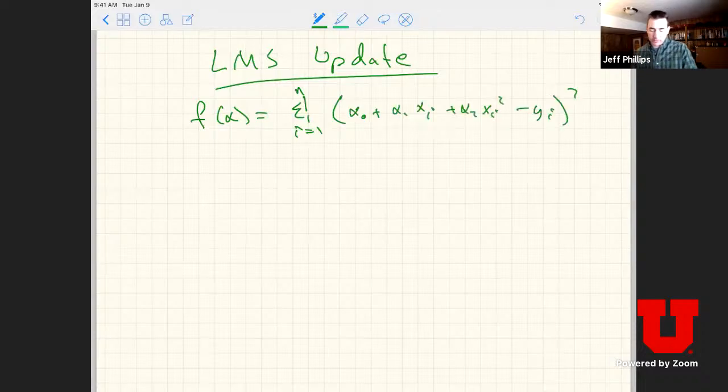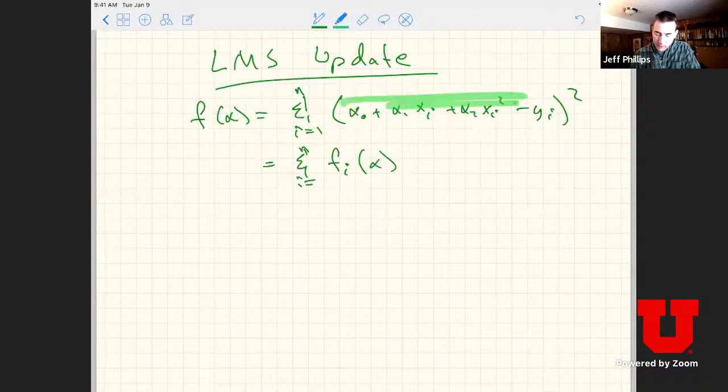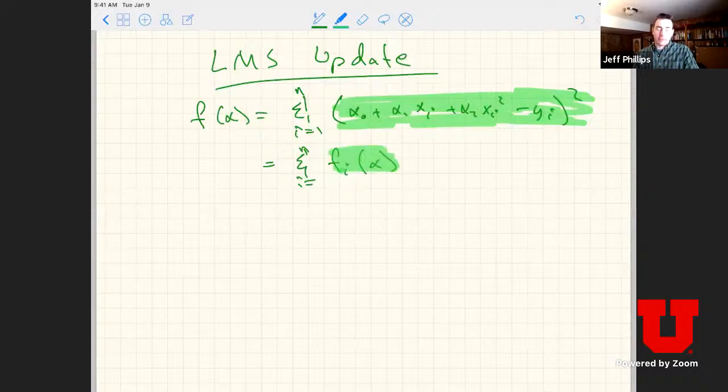Okay, so that's the full sum of squared errors. I'll write this as the sum from i equals 1, and this term above here will be f_i of alpha.